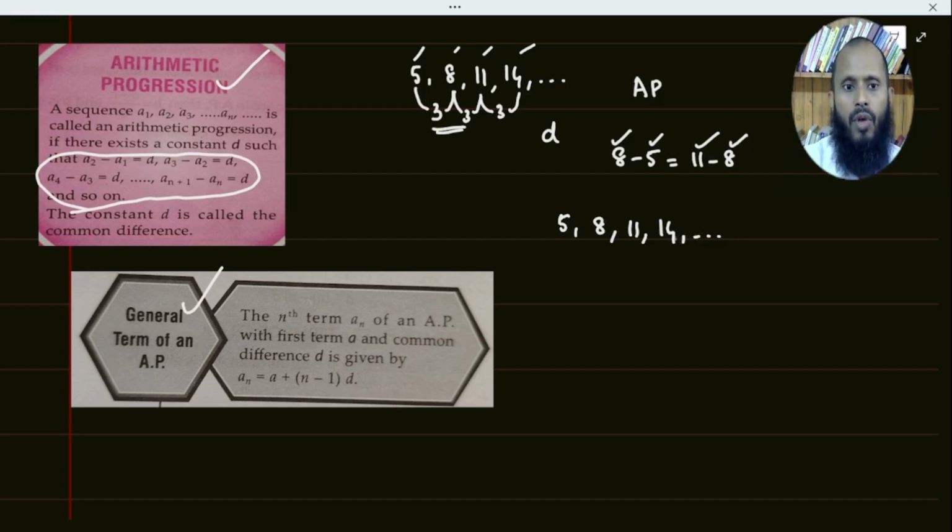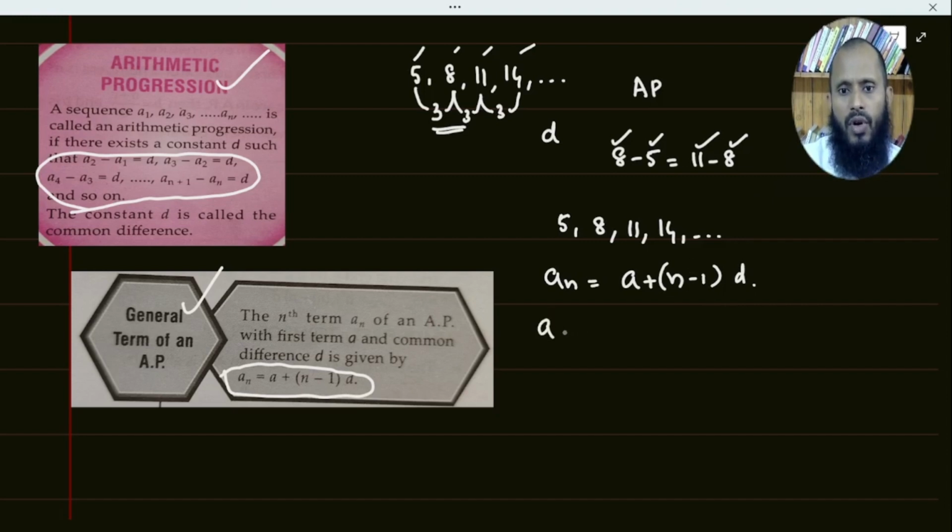But if you know the general term of an AP formula, which is given here, an equal to a plus n minus 1 into d, I'll write it here once again, an equal to a plus n minus 1 into d, you can find the 100th term very quickly without the headache of adding 3 again and again.